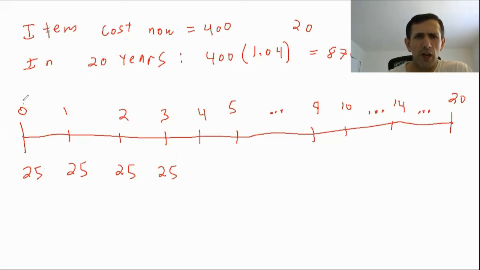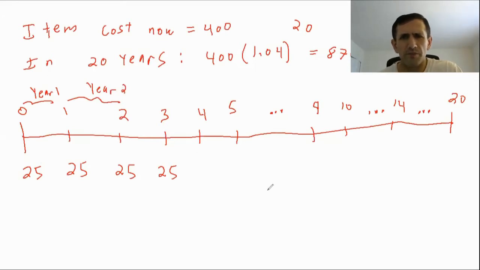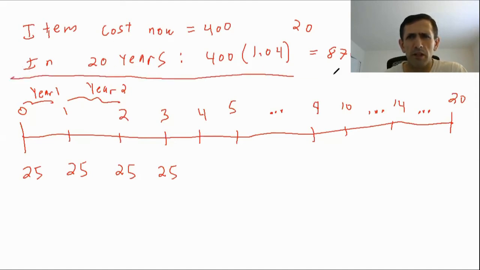This is year 1, this is year 2, 2 to 3 is year 3, 3 to 4 is year 4, 4 to 5 is year 5.